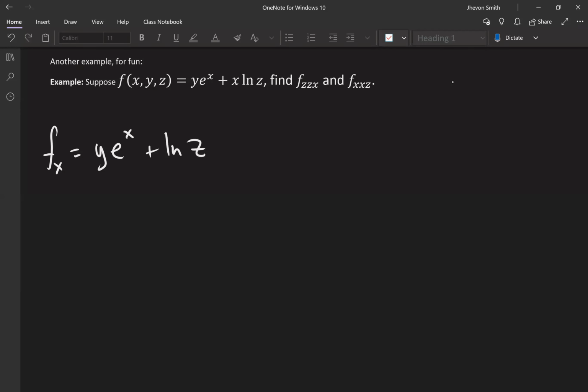Then if you were to think about the second partial derivative, which is in respect to z, it would just be 1 over z, and ignore the y e to the x power.